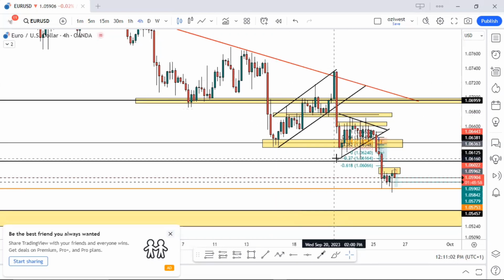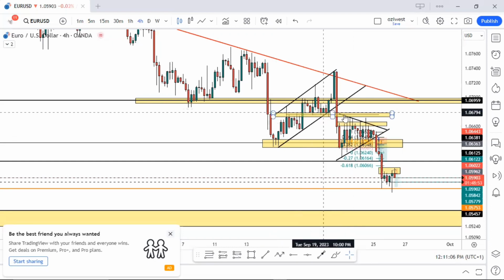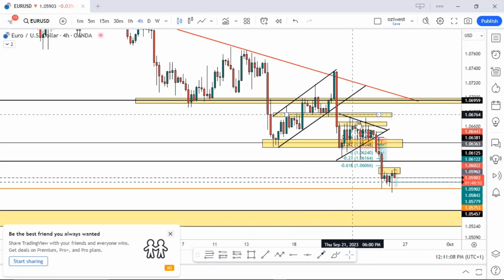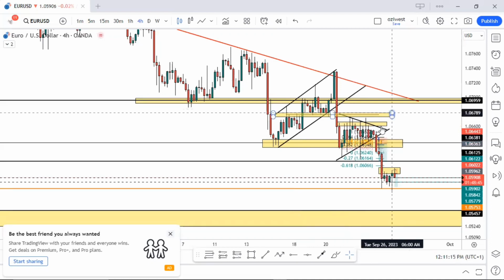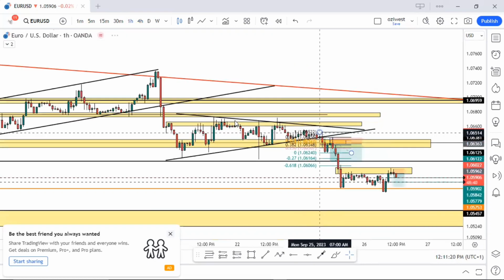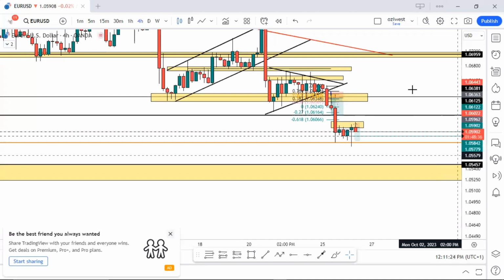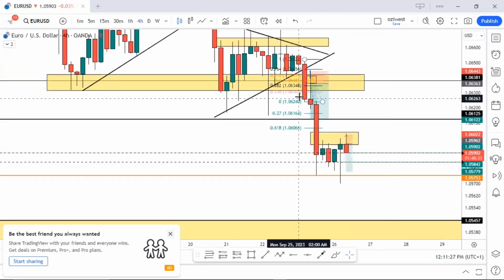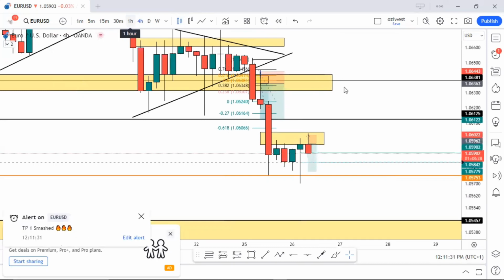We had this level of support, price turned it into a level of resistance. Price formed this chart pattern here again, consolidated, and I was anticipating a breakout. On seeing that 4-hour candlestick close below support, I was expecting to take profit smash for this one.